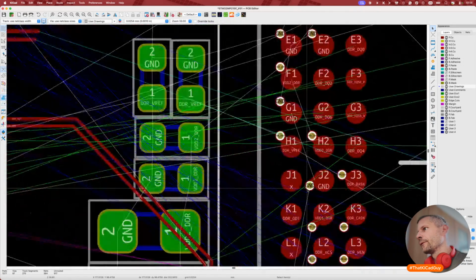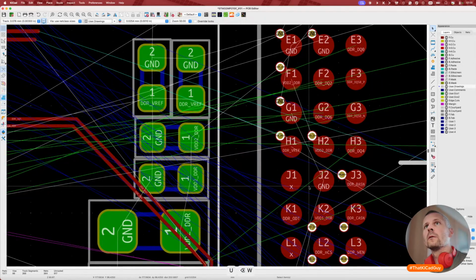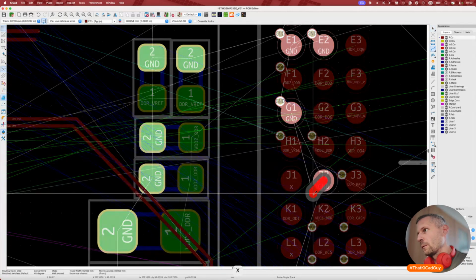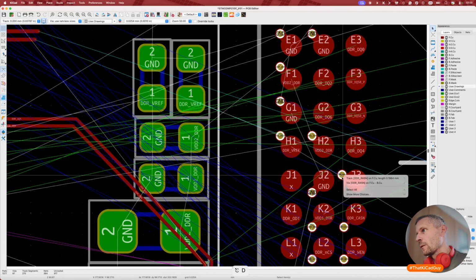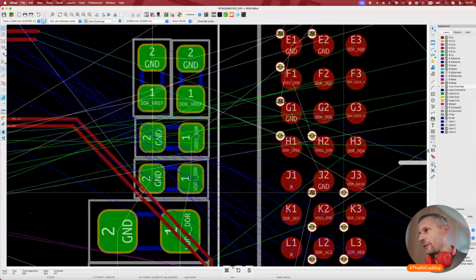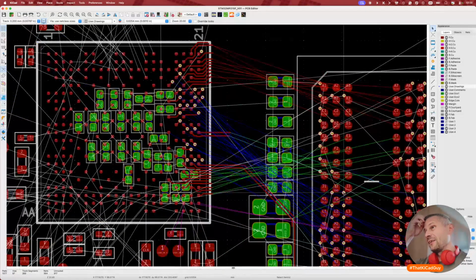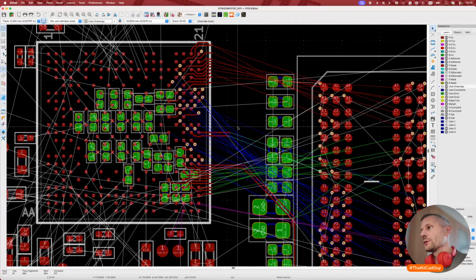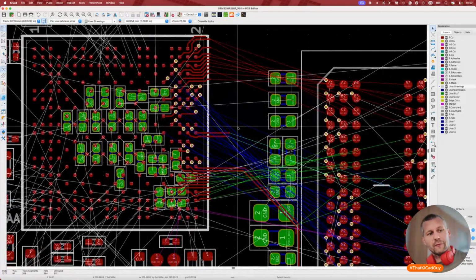Because everyone is talking about rules that you must use the return path vias. You have to place the decoupling capacitors near each via when you change the reference plane, etc. Yeah, I don't know.